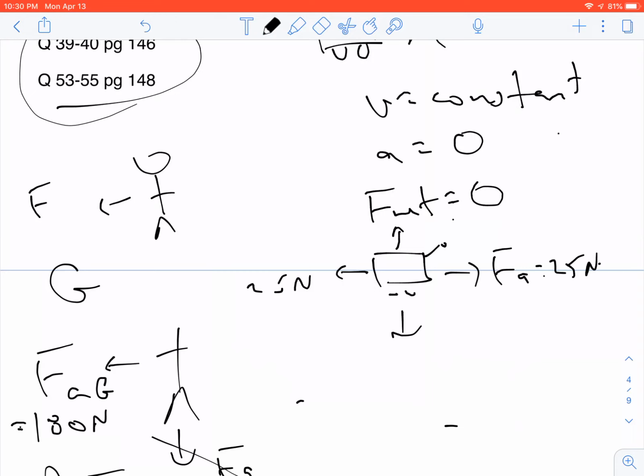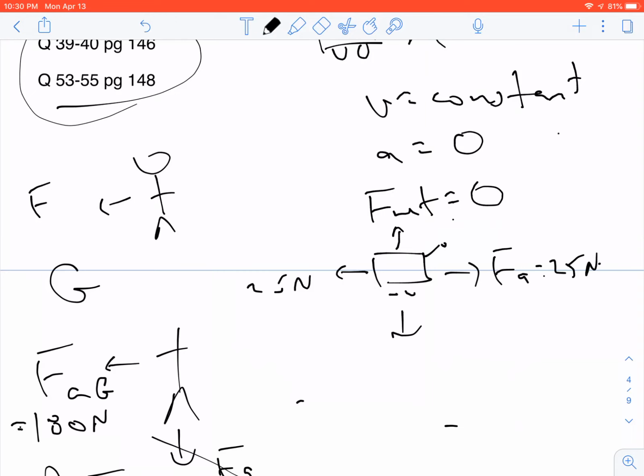And that is the horizontal components, and that's why it's not going to accelerate, but it is going to move at constant speed. You think, hang on, if there's no net force, how can it be moving? Because I had to apply more than 25 newtons to get it to the speed that it's going at, and then I'm going to back off my force so I can walk at constant speed. So when I first start pulling on the buggy, it feels heavier, and then once you get moving, it's a bit easier to keep on moving it.